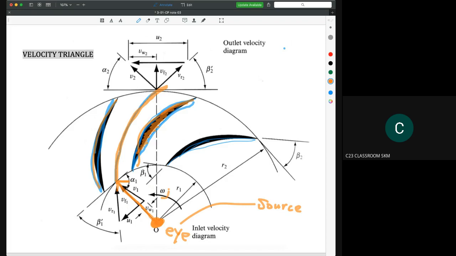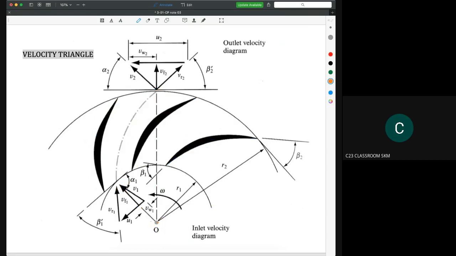Here we have an omega, meaning the blade rotates at a certain speed, and the rotation direction is this one. Again, water from here flows in radial direction, and then the water will flow along the center line here, and then it will go out like this one. So this is the basic idea.